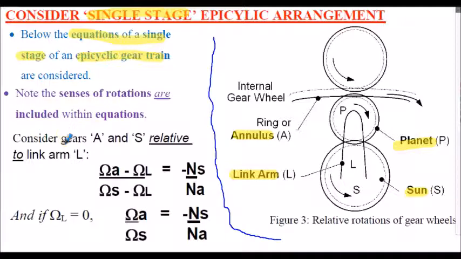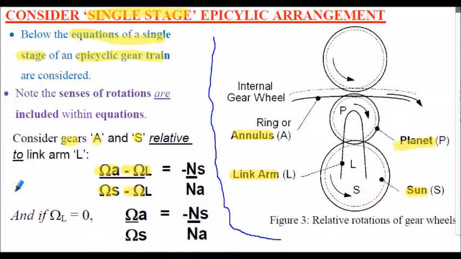If we consider gears A for the annulus and S for the sun relative to the link arm, if we were writing this down academically, we would write it as the speed of the annulus, speed of gear A, minus the speed of the link arm, divided by the speed of the sun, in this case also taking away the speed of the link arm, because it's relative to the link arm.